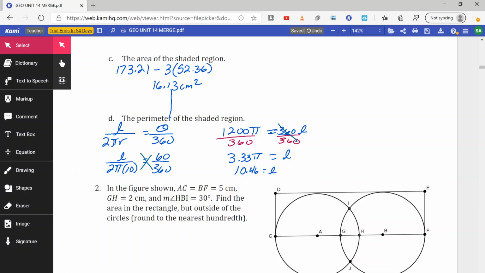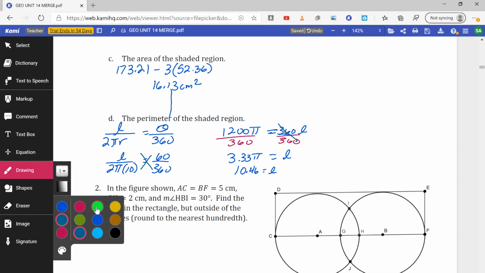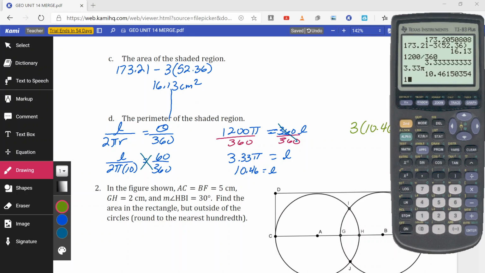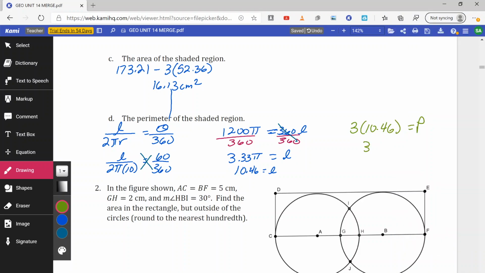So there were 3 arcs, so all I have to do now is multiply 10.46 times 3. And that's going to equal my perimeter. So 10.46 times 3 gives me an approximate perimeter of 31.38 centimeters.